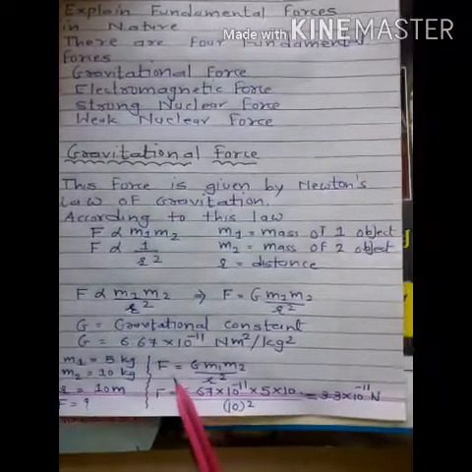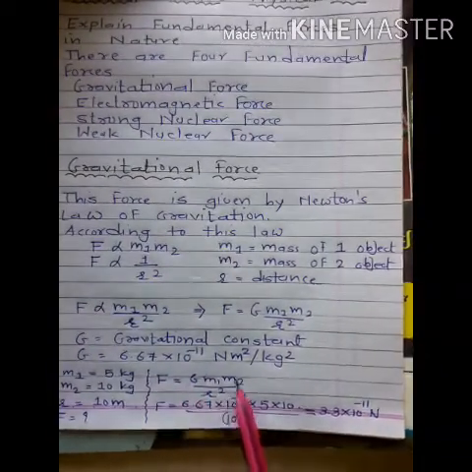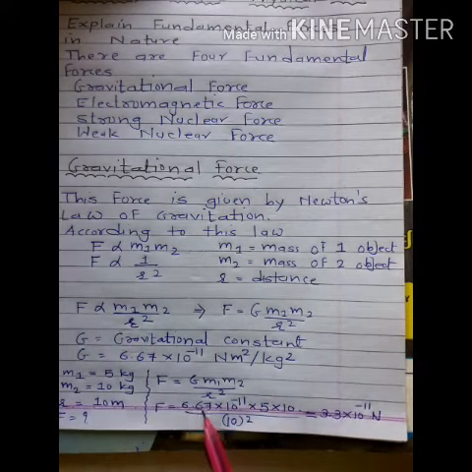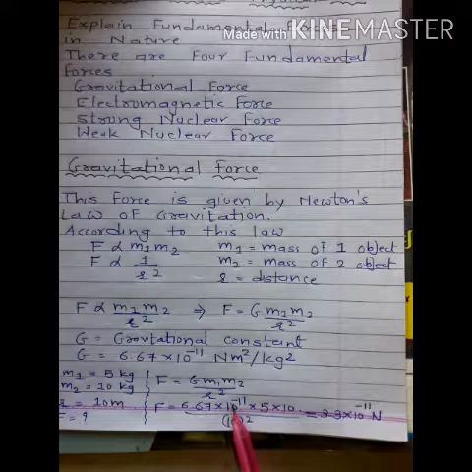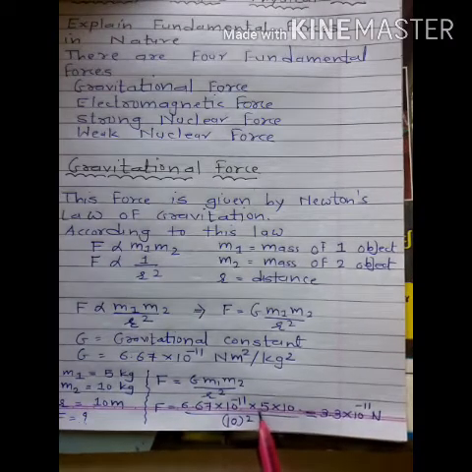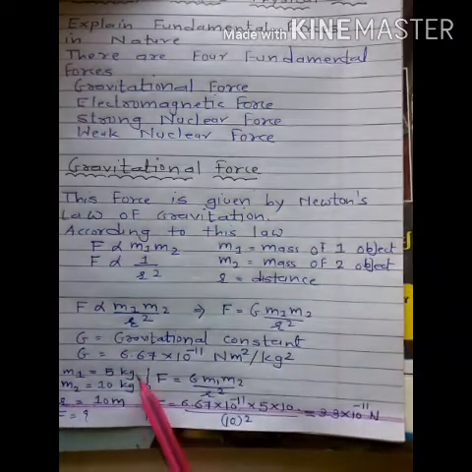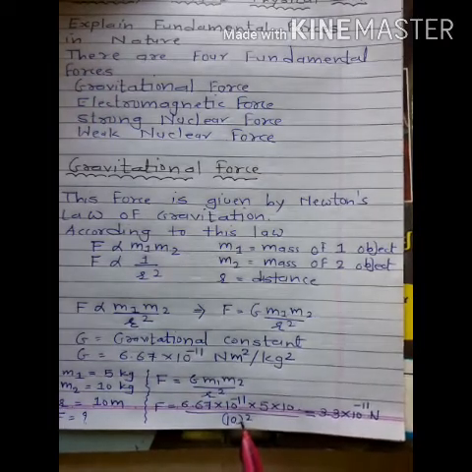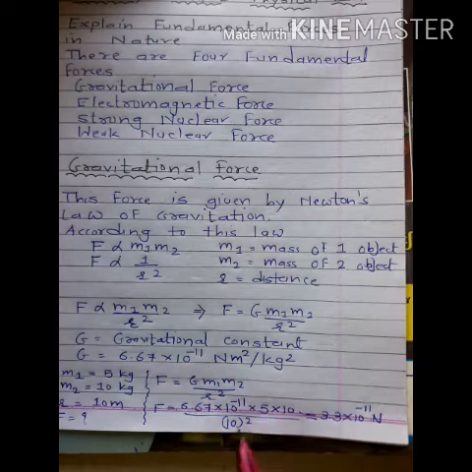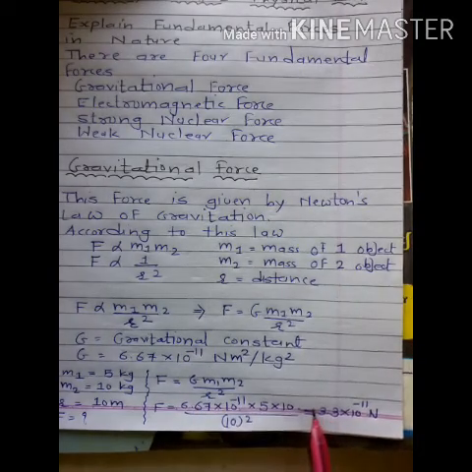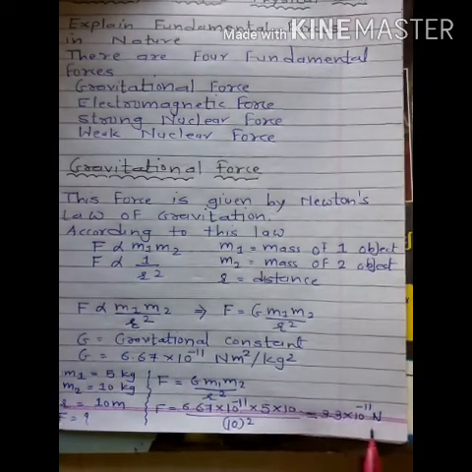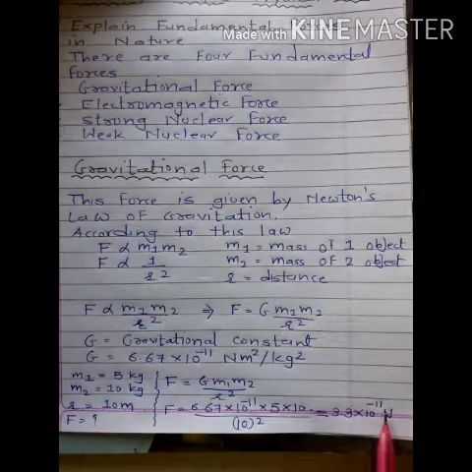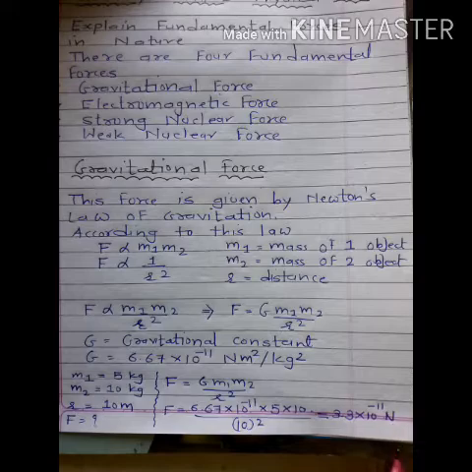We have the equation F equals G m1 m2 upon r square. So F equals 6.67 into 10 raised to minus 11, this is the gravitational constant, into 5, mass of the first particle, into 10, mass of the second particle, upon r square, means 10 square. Solving this example, your answer is 3.3 into 10 to the power minus 11 Newton. Here we consider force, so the unit of force is Newton.